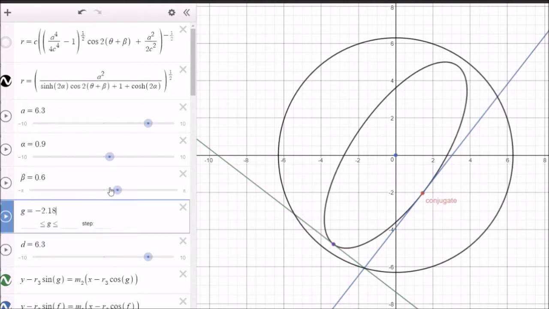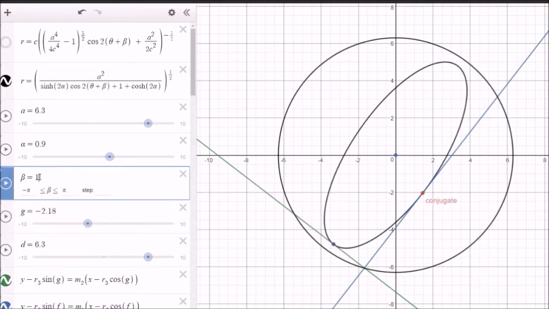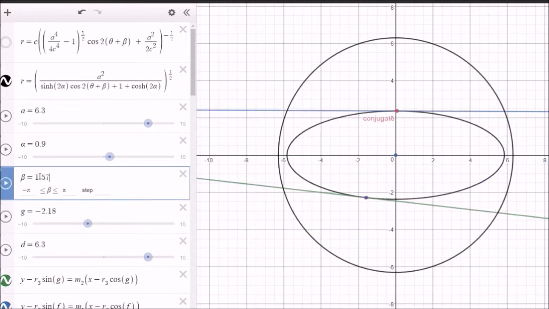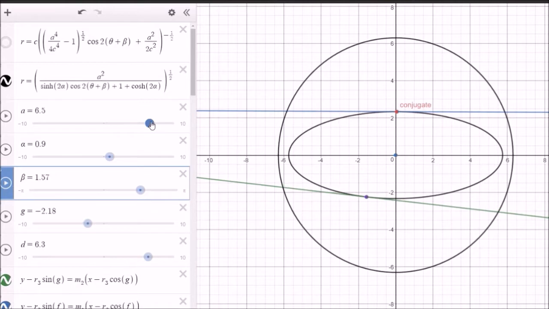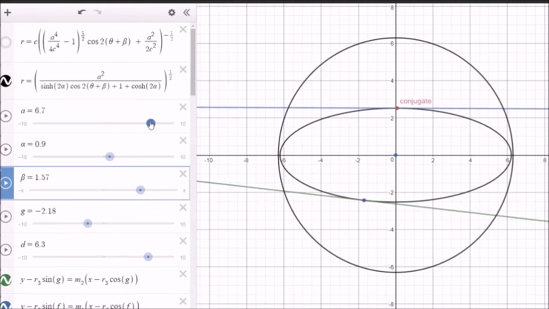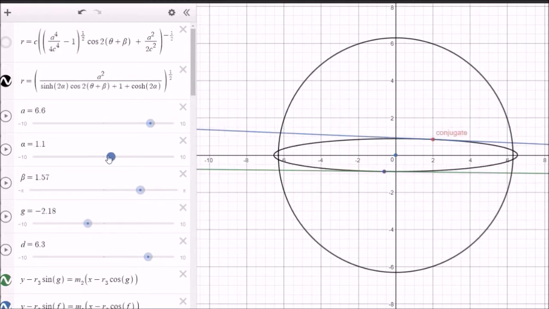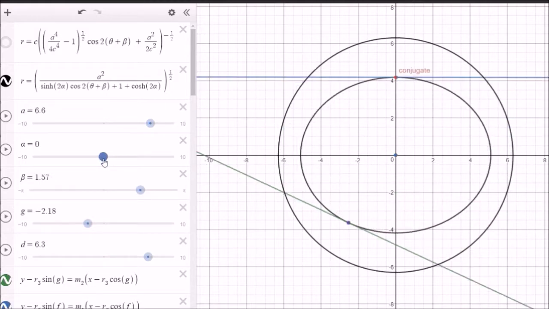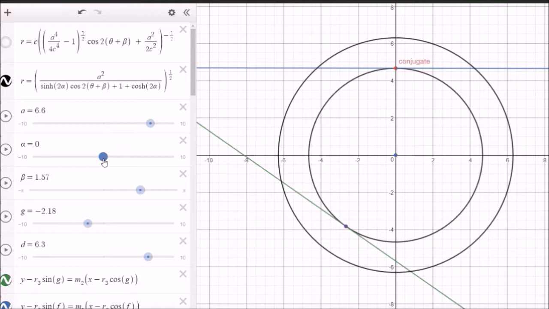Let's have a look and see what happens whenever we turn this ellipse into a circle. I think we've put it at 1.57. Now if I adjust just alpha to 0, we've got a circle.